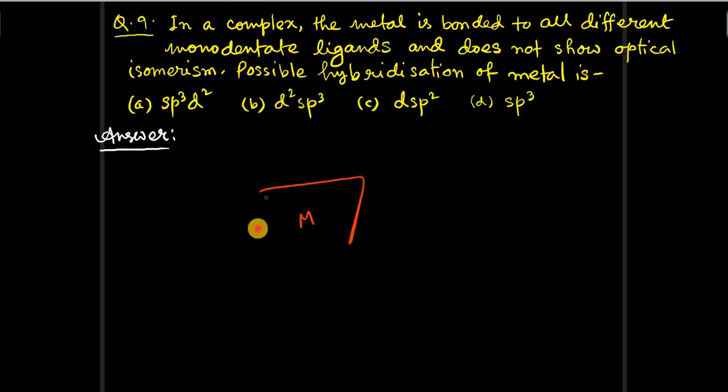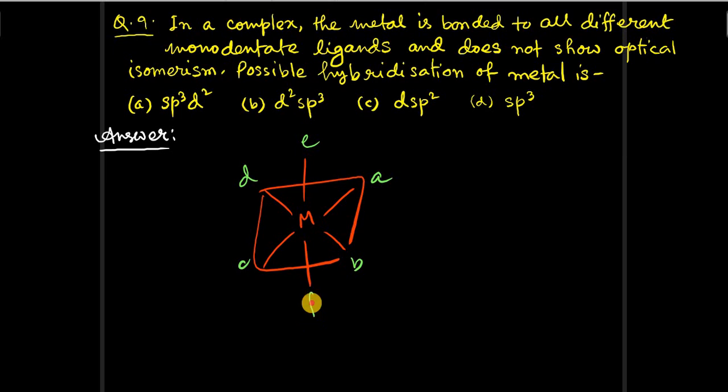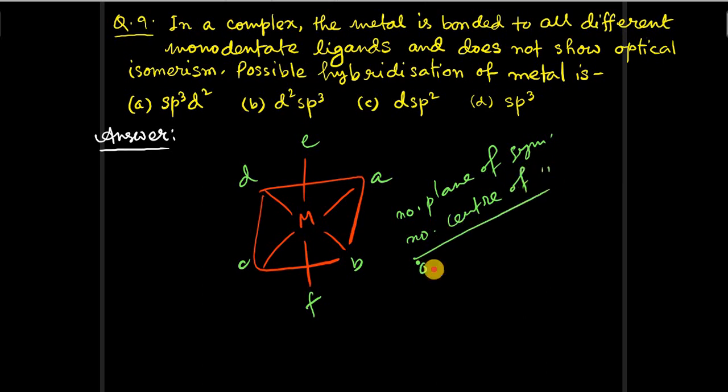All different monodentate ligands, so the complex will look like this, and the ligands are all different, so take them as A, B, C, D, E, F. Clearly for this complex you cannot find any plane of symmetry, no center of symmetry. This is purely a chiral molecule, so it will give you optical isomers, because it is an optically active compound.